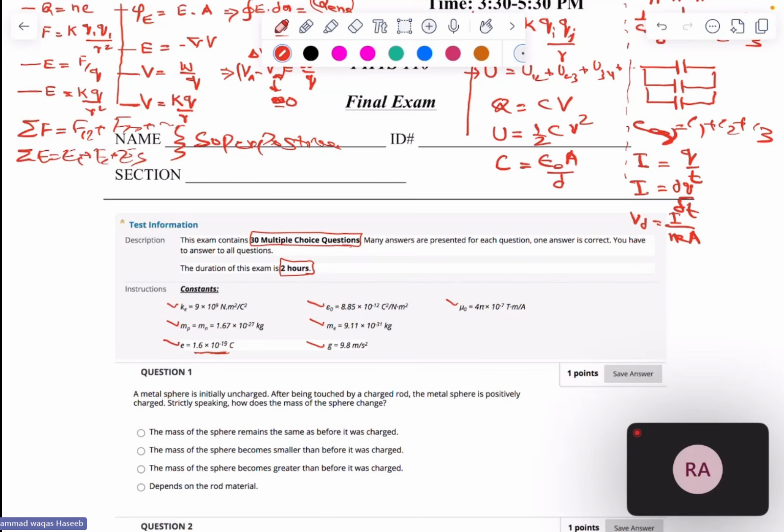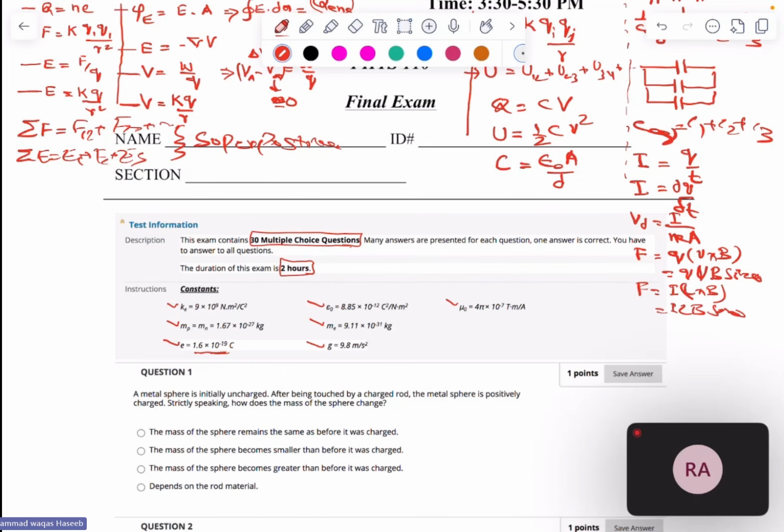Then you have the magnetic field, and the force of the magnetic field is qv cross B, and you can write it as qvB sine of theta. This is the force on a charged particle. Then you have force on a conductor, IL cross B, which is ILB sine of theta.